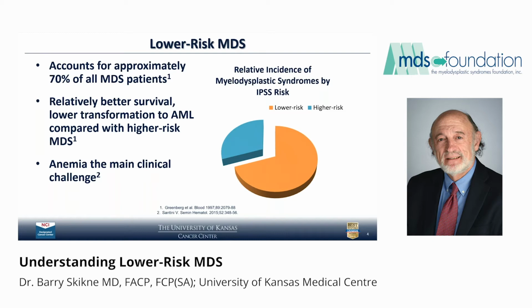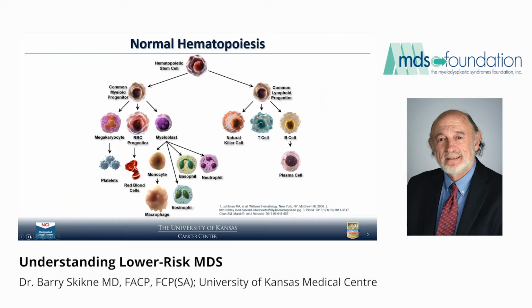And the main clinical feature or challenge in these patients is the presence of anemia and the management of their anemia. So this slide just shows how cells are produced in the bone marrow.